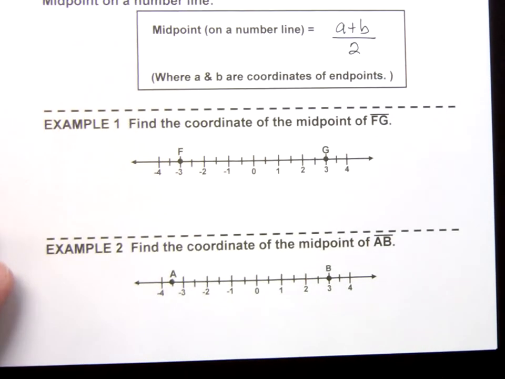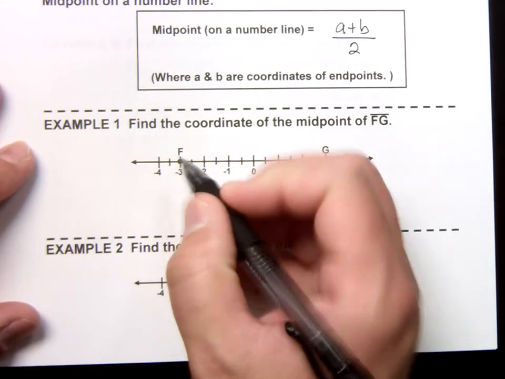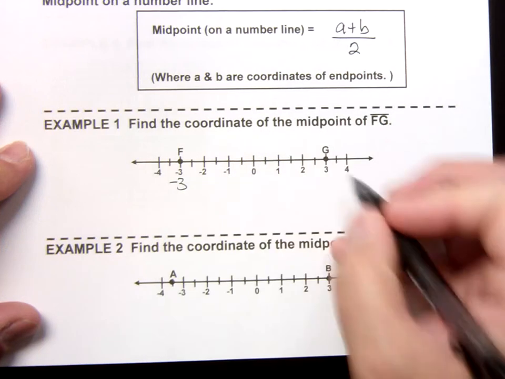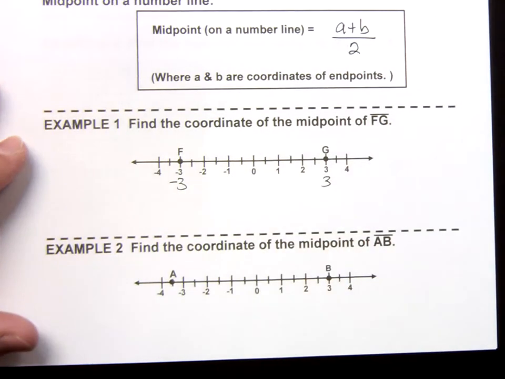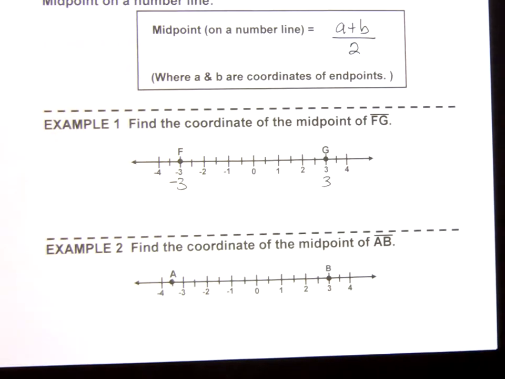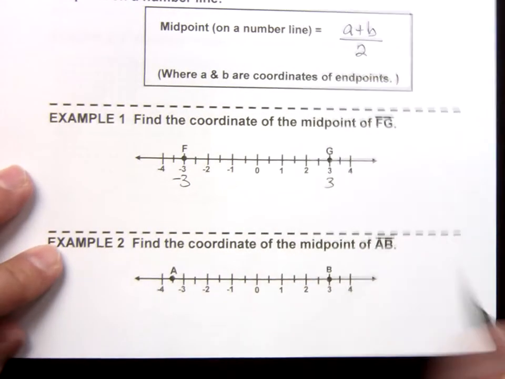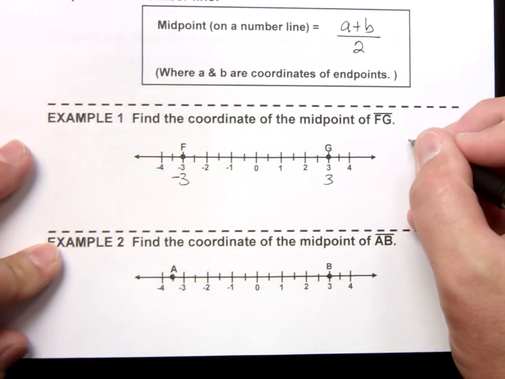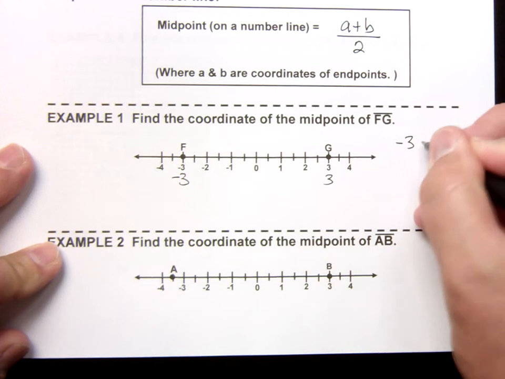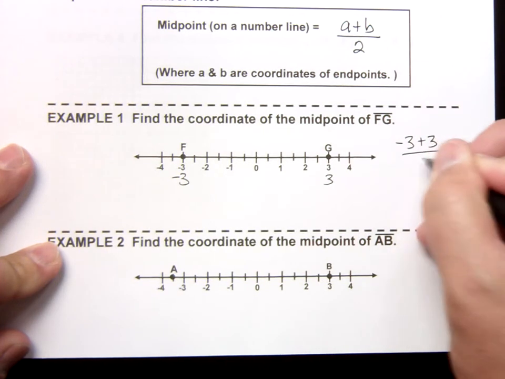So on example 1, find the coordinate of the midpoint of line segment FG. Here is point F at -3, and here's point G at 3. Those are our 2 endpoints. As far as our formula goes, these are our A and B. So we're doing A plus B divided by 2.